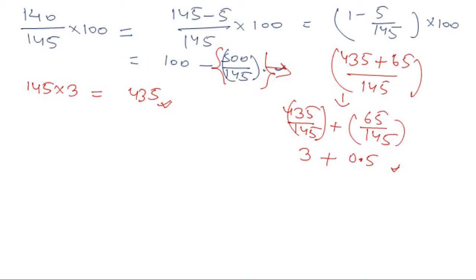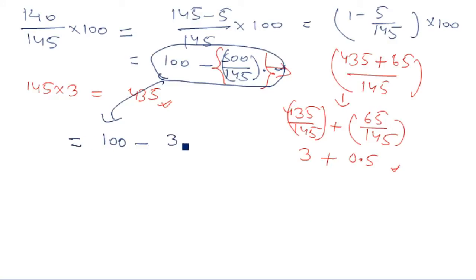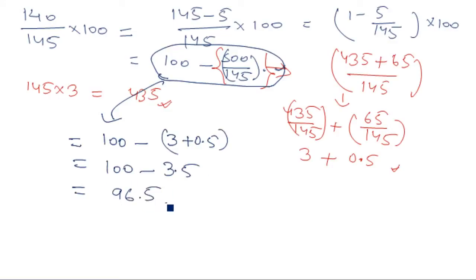So this can be taken as 100 minus 3 plus 0.5, that is 100 minus 3.5, that is 96.5, okay? So this is how we calculate, right?